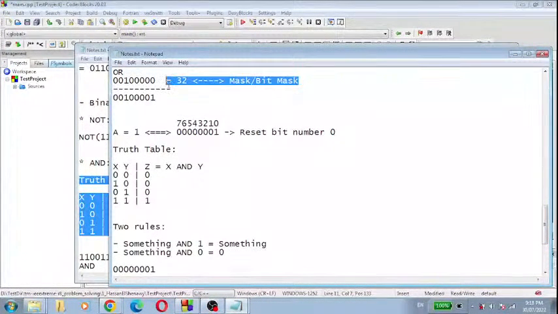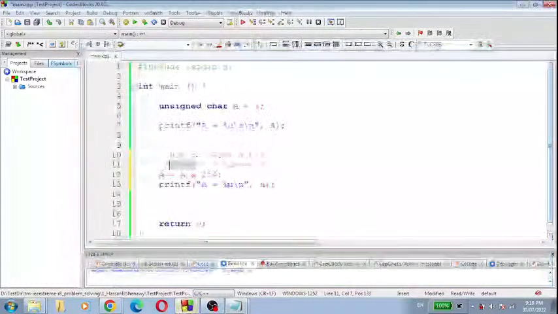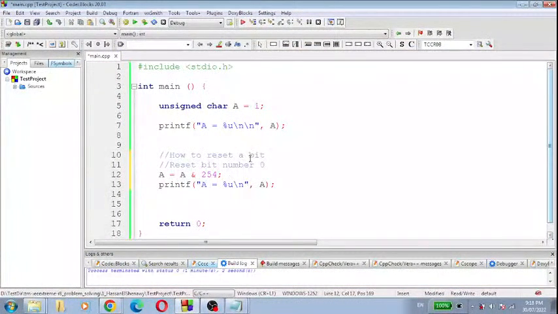This is called the bit mask. It is 254. This is our mask here. So now we are going to make this in our code. How to reset a bit? Reset bit number 0.